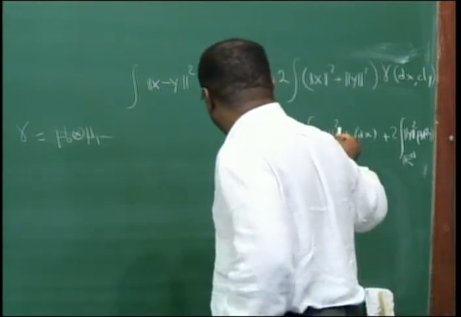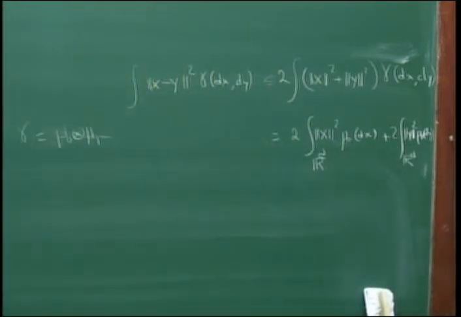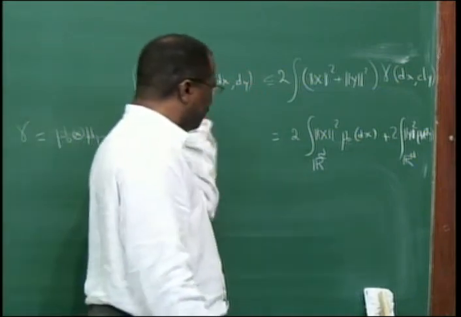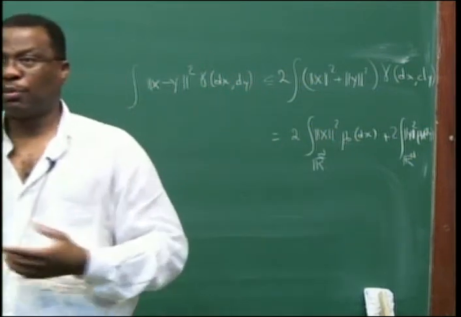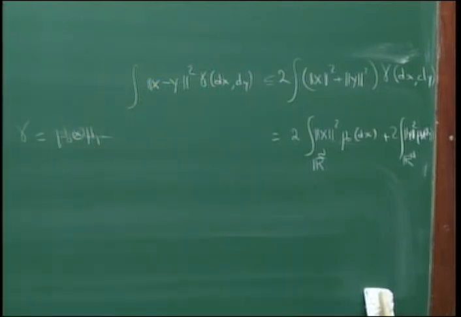And so if I assume that mu naught and mu 1 are in P2, meaning the second moment is finite, it ensures that there is at least one gamma for which this functional is finite. And so the problem I am studying is not a trivial problem. The functional I am minimizing is not identically plus infinity.